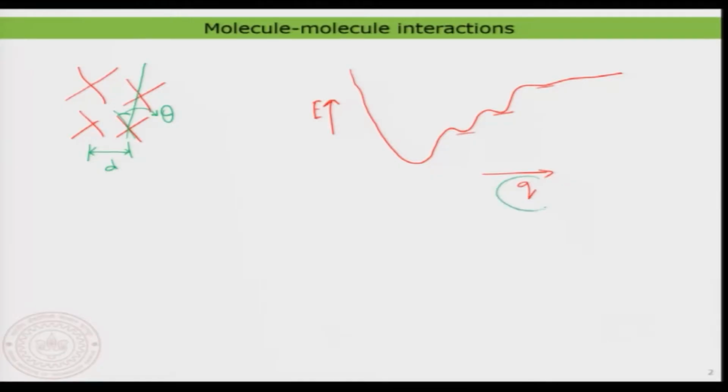On a surface, since all other types of orientations for a planar molecule are restricted in the simpler case, we can typically talk about orientations with respect to the plane of the surface. Then you already see that Q should contain d and theta. So, Q is actually a function of d and theta.